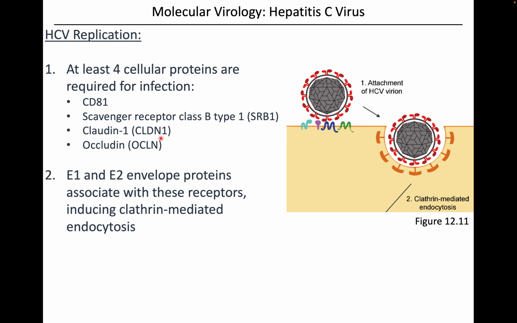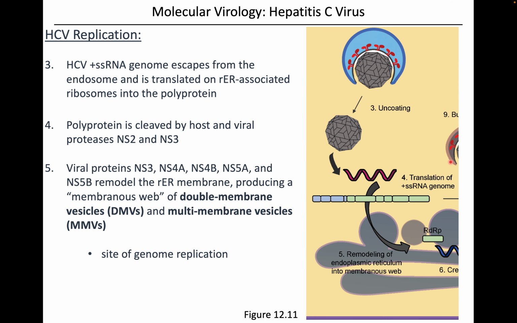And I'm not going to test you over these, but I do want you to know there's 4 different receptor proteins that seem to be required for infection. We are interacting with those E1 and E2 envelope proteins, as I mentioned. And we think this virus is then going to be taken in by clathrin-mediated endocytosis, so nothing too out of the ordinary there.